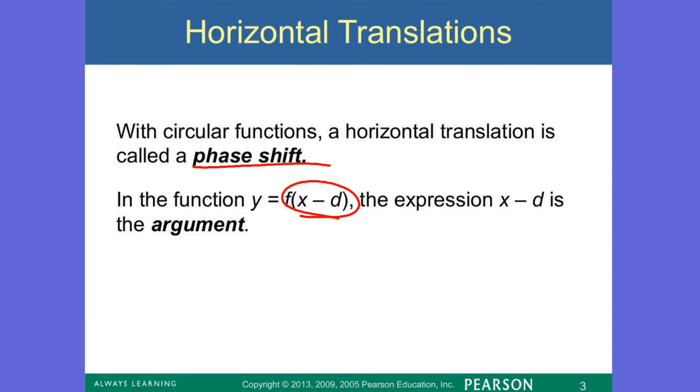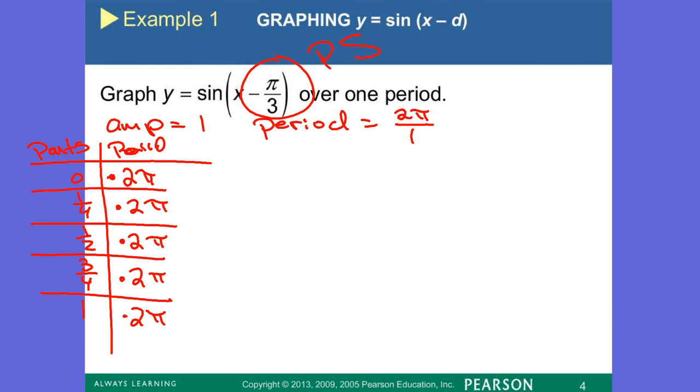So phase shift, I abbreviated PS. Okay, is everyone there? So phase shift is pi over 3.